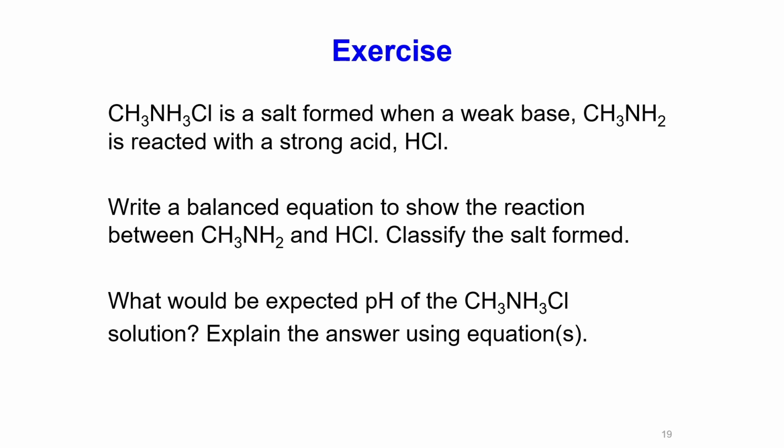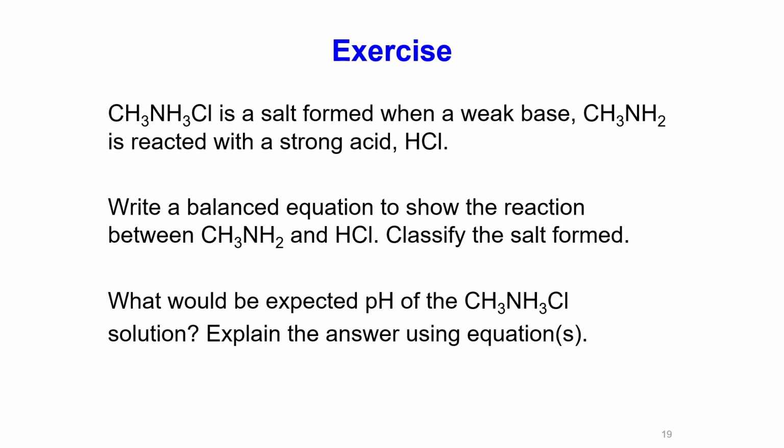Okay, CH3NH3Cl is a salt formed when a weak base reacts with a strong acid, HCl. Write a balanced equation to show the reaction between CH3NH2 and HCl. Classify the salt formed. What would be the expected pH of the CH3NH3Cl solution?